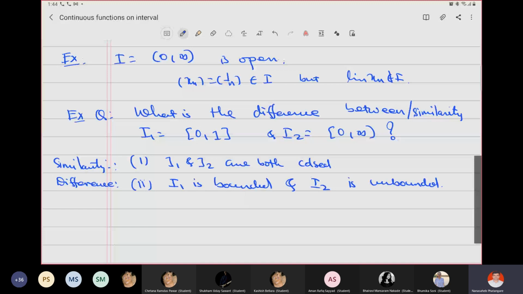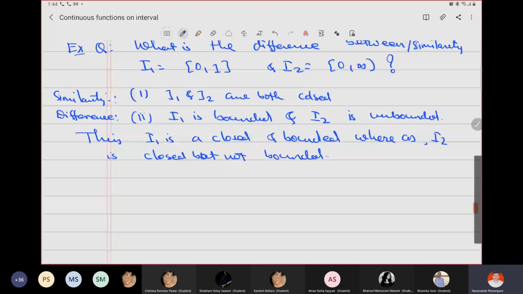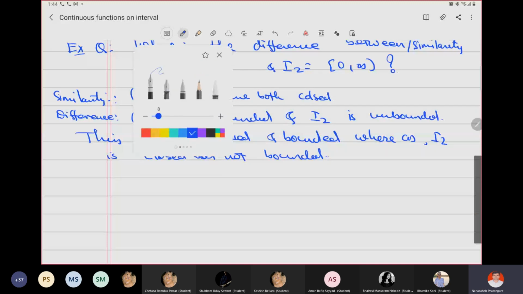So if these ideas are clear, then we are in a position to state the next theorem, which is a very essential theorem in analysis and calculus, also called a difficult theorem because its proof is a little bit difficult, even though it is a very important theorem.